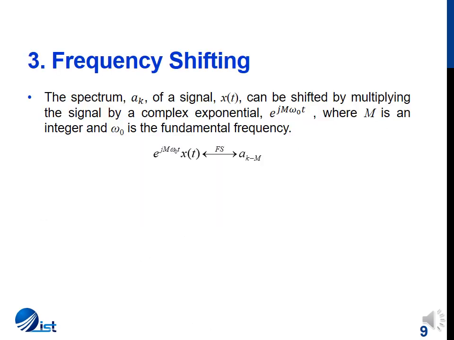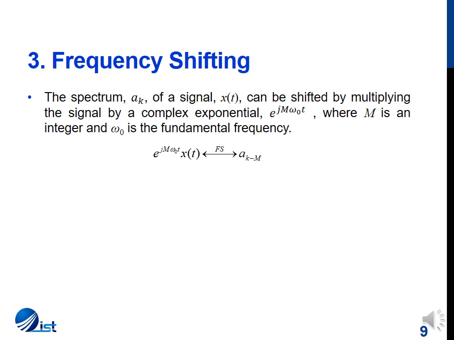Coming to the third property of continuous time Fourier series, which is the frequency shifting property. The frequency shifting property states that the spectrum of a signal can be shifted by multiplying the signal by a complex exponential e^(jmω0t), where m is the integer by which the spectrum is shifted and ω0 is the fundamental frequency.